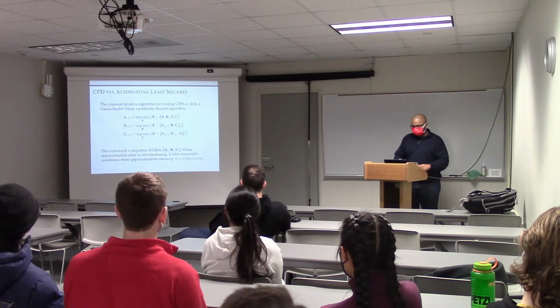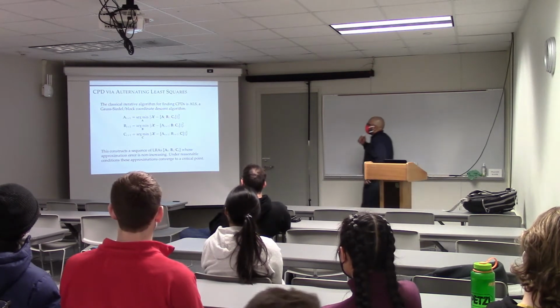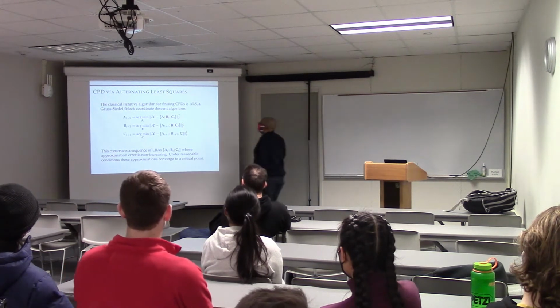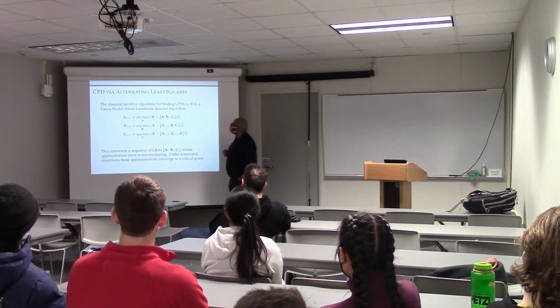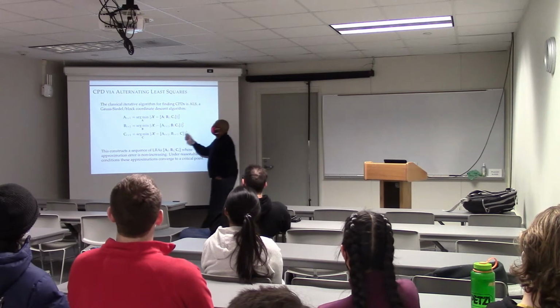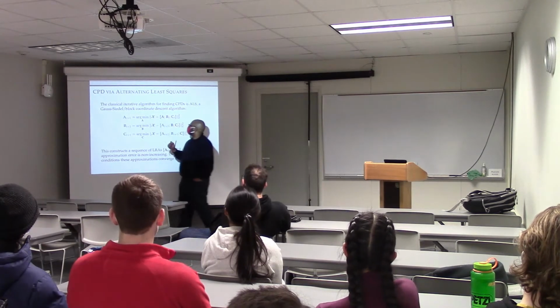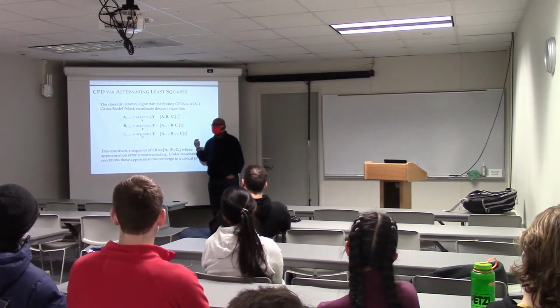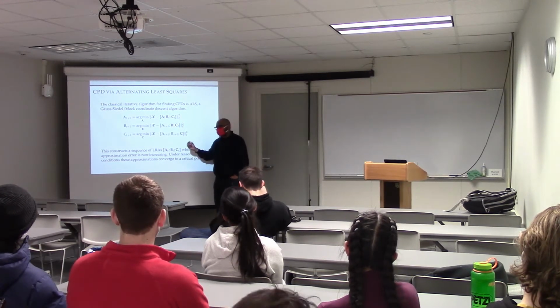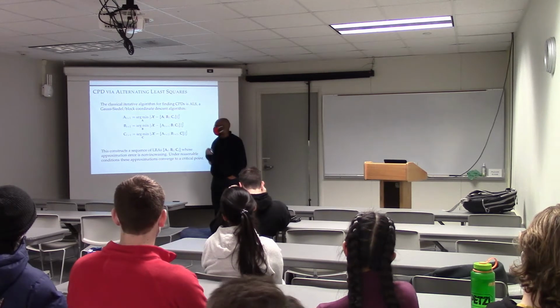Okay. So the classic algorithm for finding CPD is alternating least squares, and this is a very natural algorithm. It's a Gauss-Seidel type algorithm. So what we do is, let's say at time t, we have approximations A_t, B_t, and C_t for these bases.